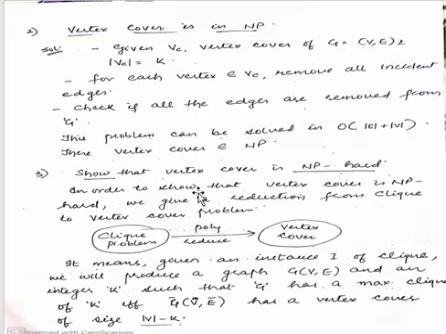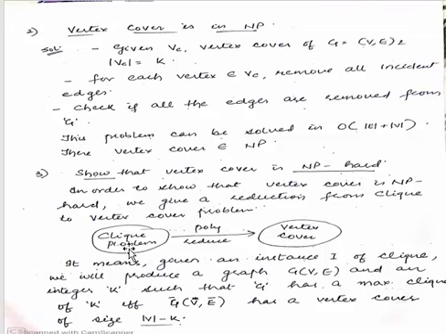Now the third one will be the difficult one. We have to show that vertex cover is an NP-hard problem. So in order to show that vertex cover is NP-hard, we need to reduce a problem that is already proved to be NP-hard to vertex cover.